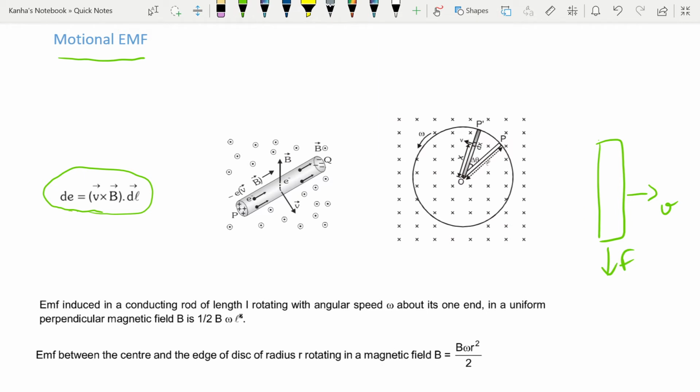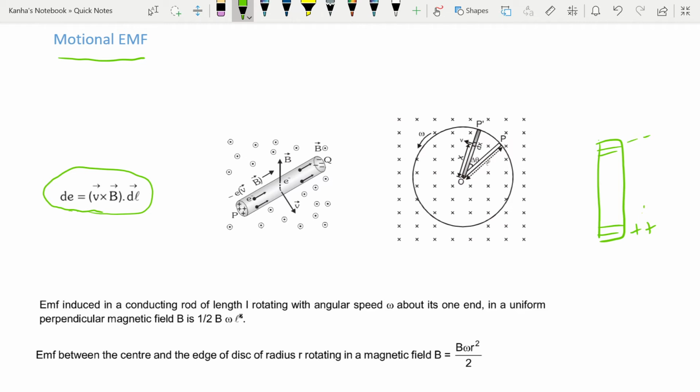I took this much time because I was myself applying the cross product and trying to find the direction of force. So force is in this direction, that implies the force on positive charges is in this direction. Now the force on the electrons will be in the opposite direction, so the electrons will try to accumulate near this end, and this will become positive, this will become negative.